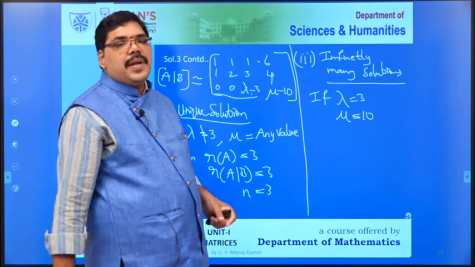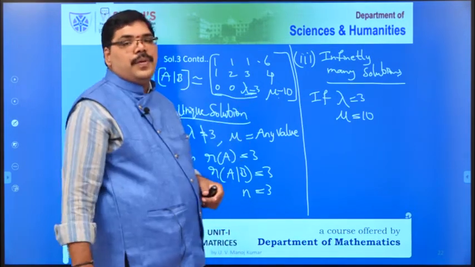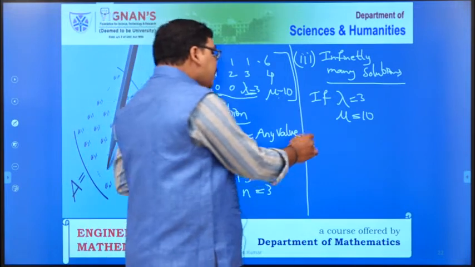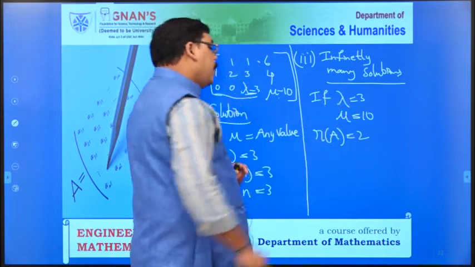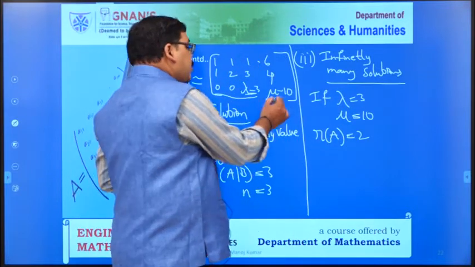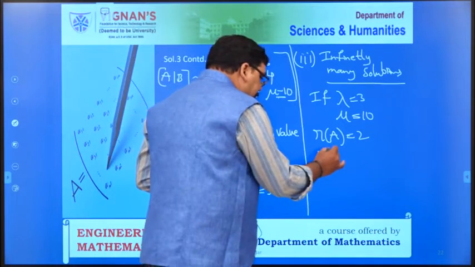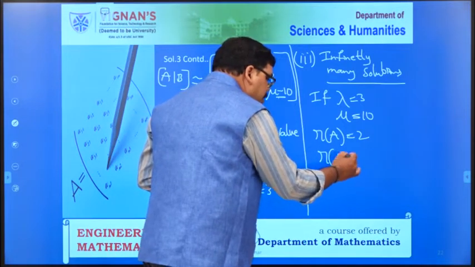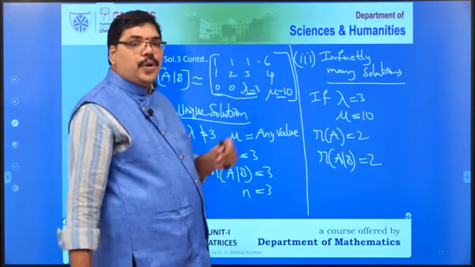What happens if lambda equals 3? This position becomes 0. So, rank of A becomes 2. If mu equals 10, this also becomes 0. So, the entire AB last row becomes 0. So, rank becomes 2. Both have the same rank.